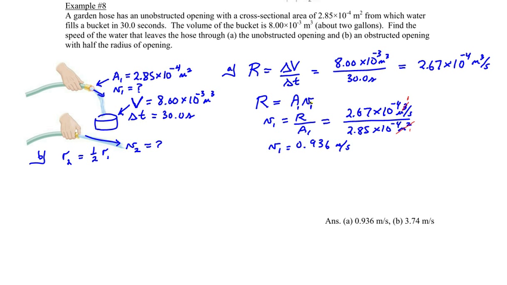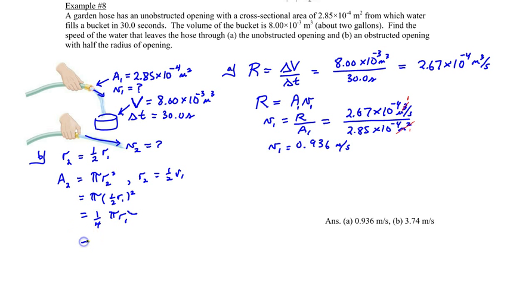So let's find out what happens to the area. Area 2 is equal to pi r2 squared, assuming this is a circle. Now, R2 is half of R1, so if we plug that in, we have pi times 1/2 of R1, squared. When you square the half, you get a quarter of pi R1 squared.